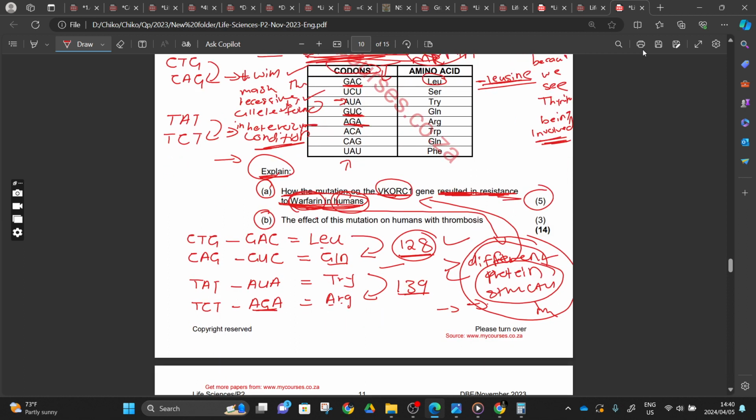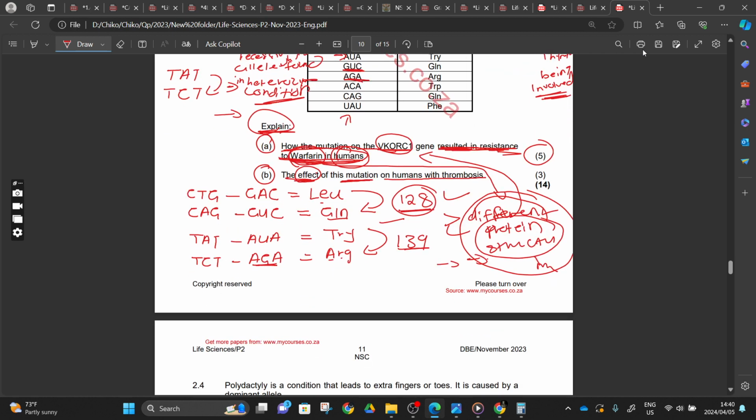And then another number, B: explain the effect, the consequences, the outcomes. Explain the effect of this mutation on humans with thrombosis.